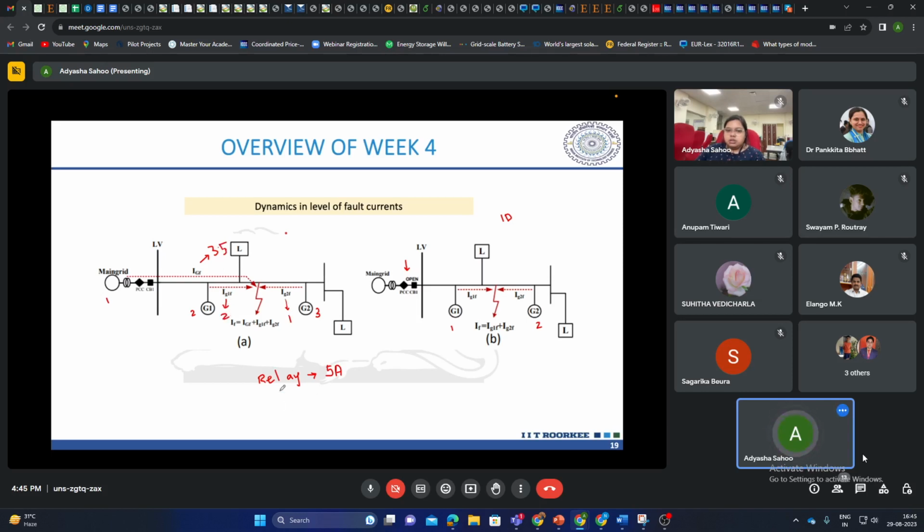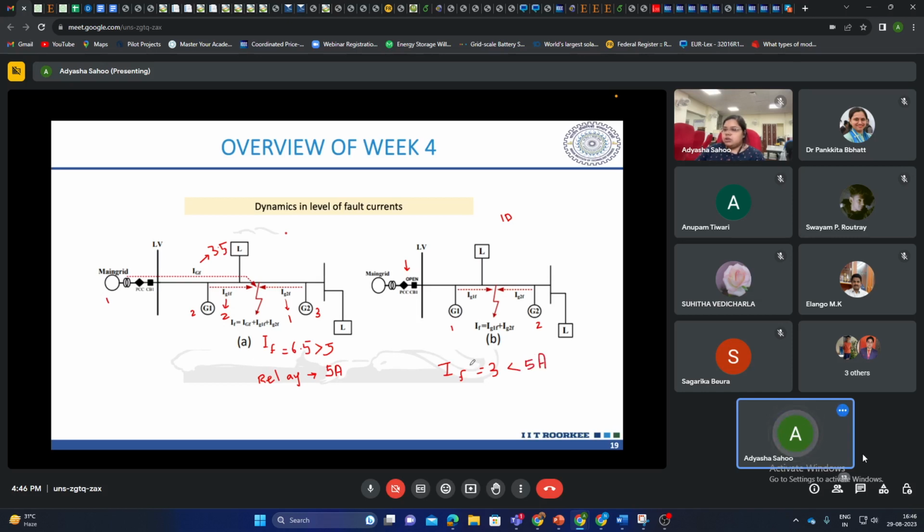Then the fault current here was 6.5, which is greater than 5, so the relay will operate. But in this case, the fault current will only be equal to 3, which is less than the overcurrent setting.